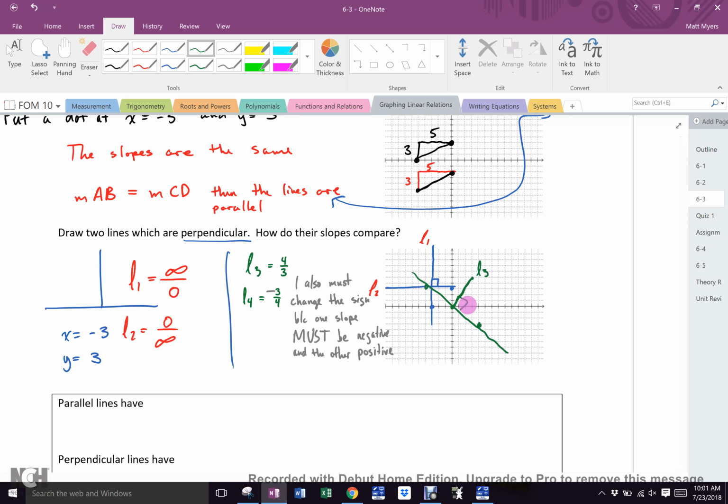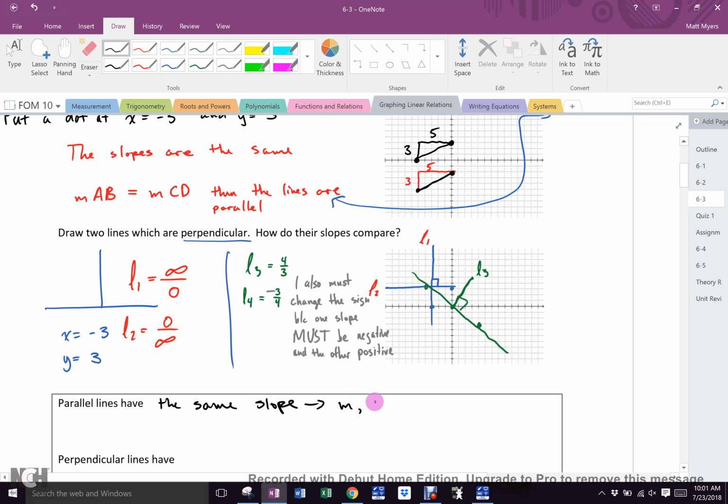And the same thing works with perpendicular. If they're perpendicular, they have opposite reciprocal slopes. If they have opposite reciprocal slopes, then they must be perpendicular. So we're going to write that right here. Parallel lines have the same slope. Now, if they have the same slope, that means they have the same m.